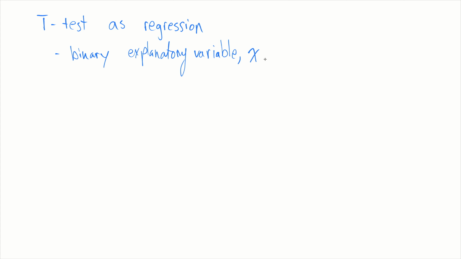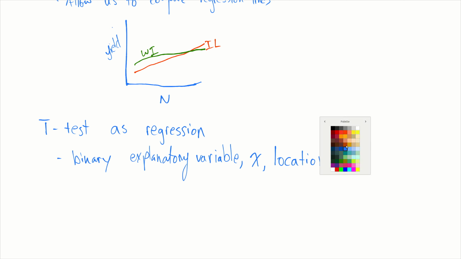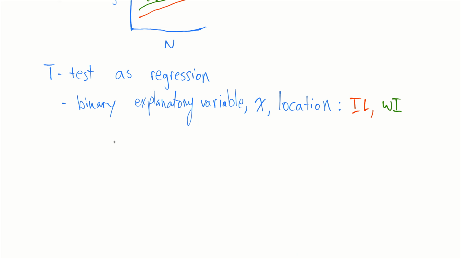And x is location. And the location can either be Illinois or Wisconsin. And our response y is corn yield.